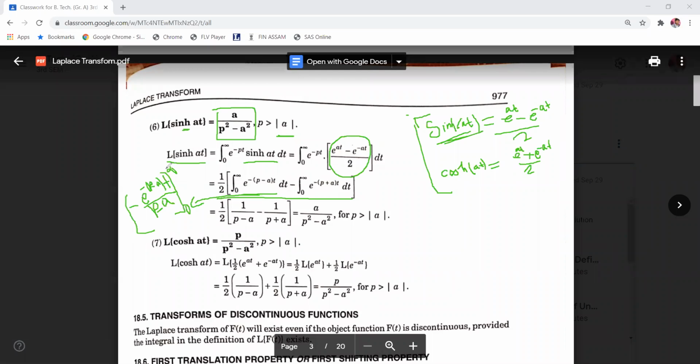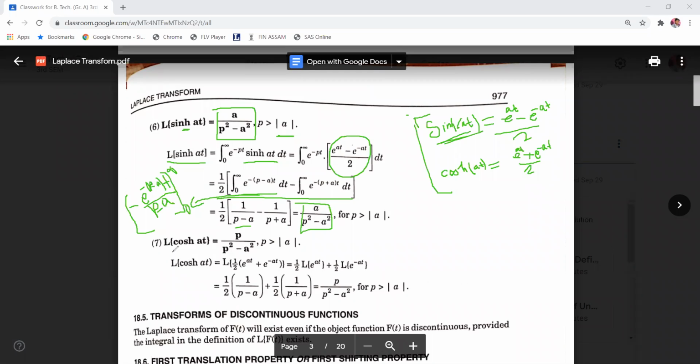If you put this limit of integration, you will get 1 by p minus a first. Then again, if you integrate this one, minus is there already, so e to the power minus p plus a by p plus a. If you put the limit of integration, you will get 1 by p plus a. And this minus is this one. So ultimately, if you simplify, you will get a by p square minus a square.